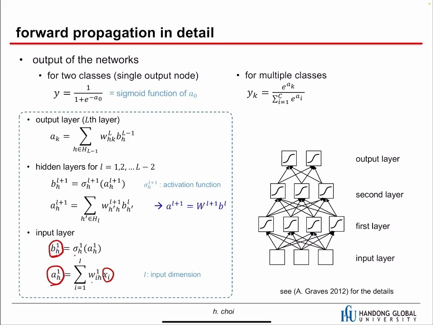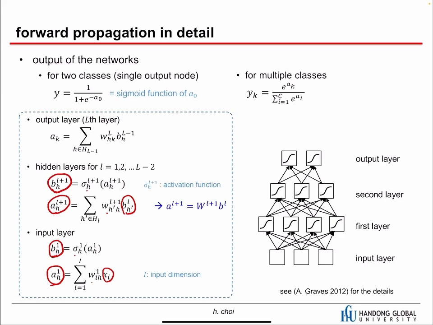The first layer is different from other layers, and the last layer is different from other layers. But in the middle, all the layers have the same kind of formula. Let's say we have a BL, then we multiply this matrix, then now we have AL plus 1, and we apply the nonlinear function, now we have BL plus 1.